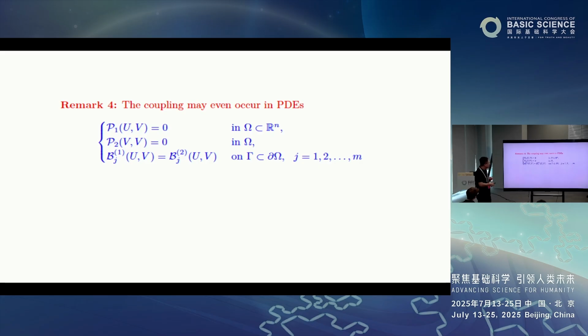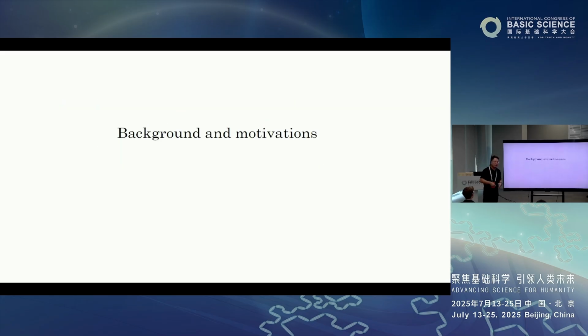All right. So now the natural question is why we consider this type of coupled PDEs with transparent boundary conditions. It turns out this type of problem occurs in a variety of applications associated with different scenarios and physical contexts.